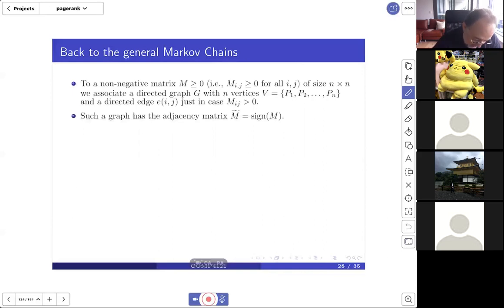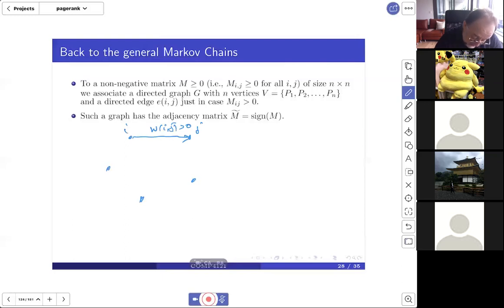Assume that you have a weighted graph. If there is an edge, this means that the weight ij, so this is i, this is j, is bigger than 0. And if the weight is 0, it means there is no link.